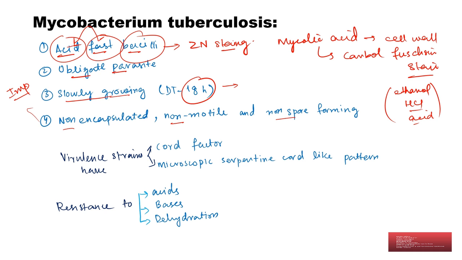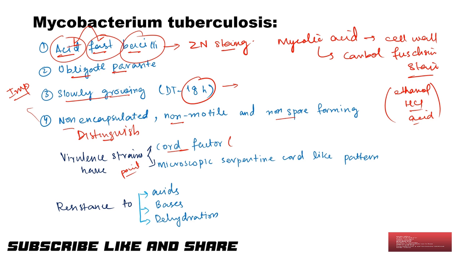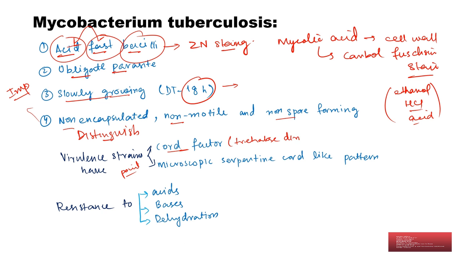Now we shall study the difference between the virulent strains and the non-virulent strains. In order to distinguish between them, we must keep in mind two important points. First, the virulent strains consist of cord factor, which is chemically trehalose dimycolate, and is required for the survival of Mycobacterium tuberculosis.